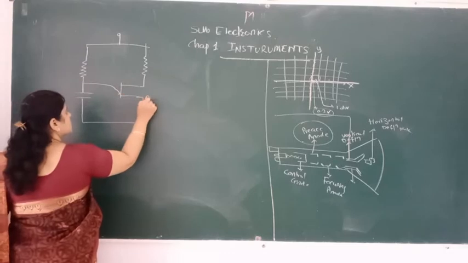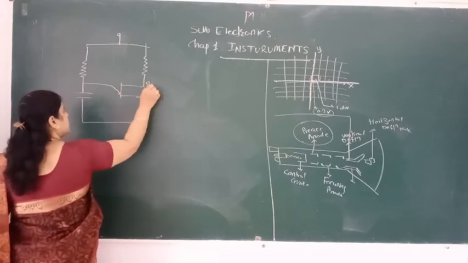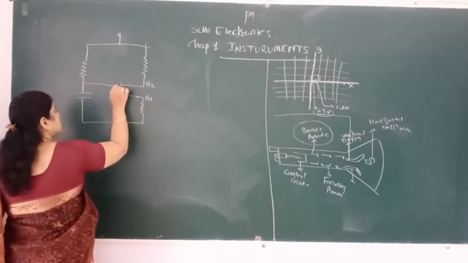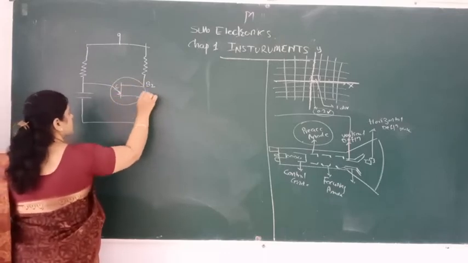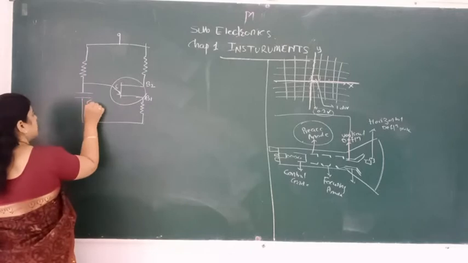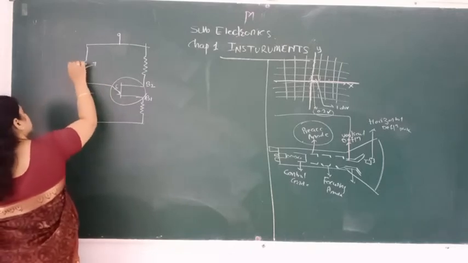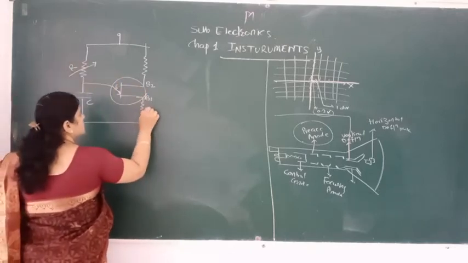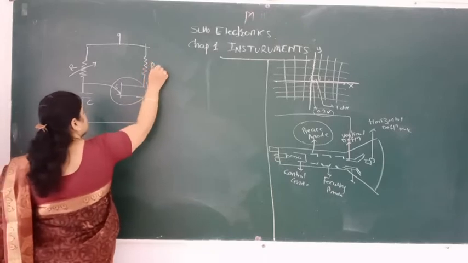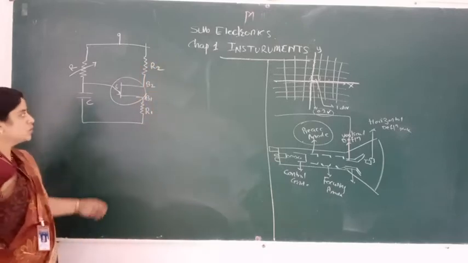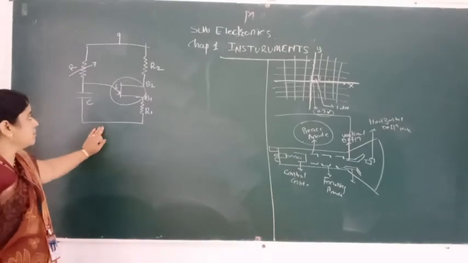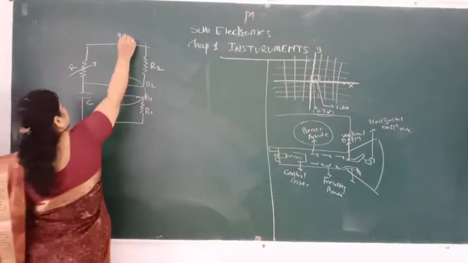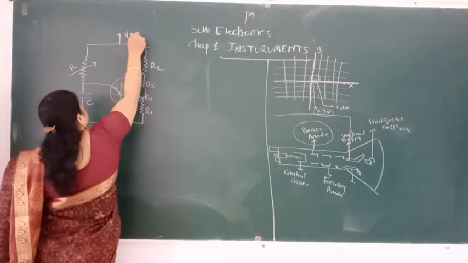This is base B1 and B2 and this is the emitter junction. This is the UJT, this is the capacitor C. This is the variable resistor R. This is R1 and R2. Okay, so this is the circuit diagram for the time-base generator. This is VBB.